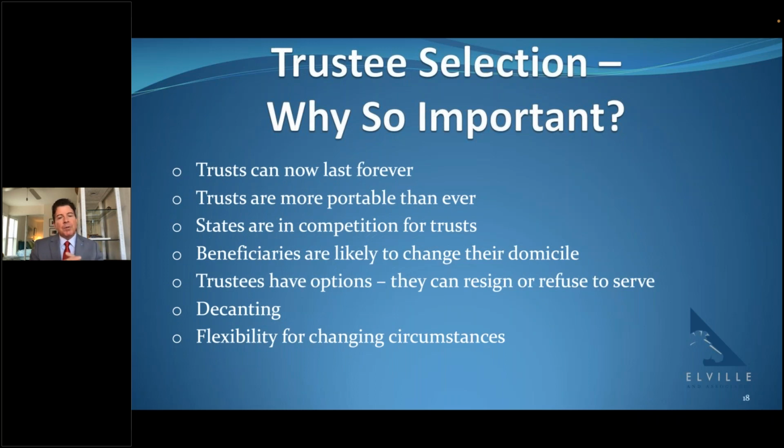A good example would be a person has a revocable trust, but now the Secure Act comes along in 2020, a big law that changes how retirement plans are treated. So perhaps most revocable trusts would need to be updated because of the Secure Act. But let's pretend that you could not update your trust for some reason. A trust protector would be able to amend that trust.